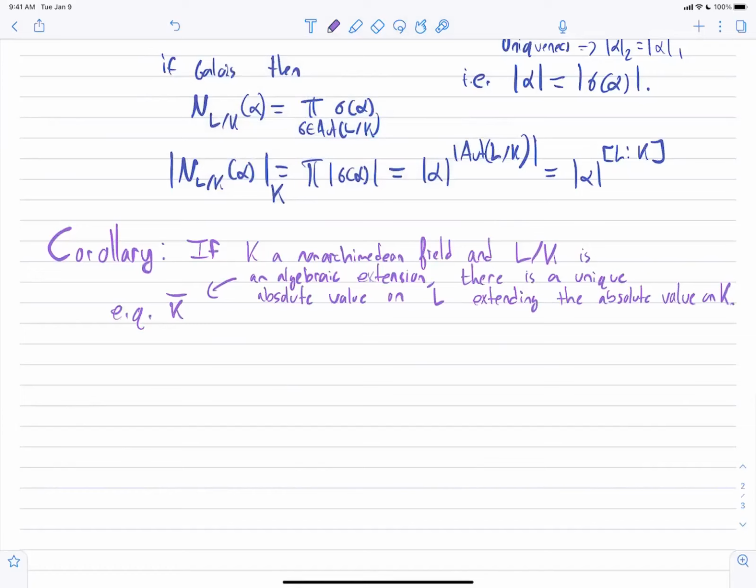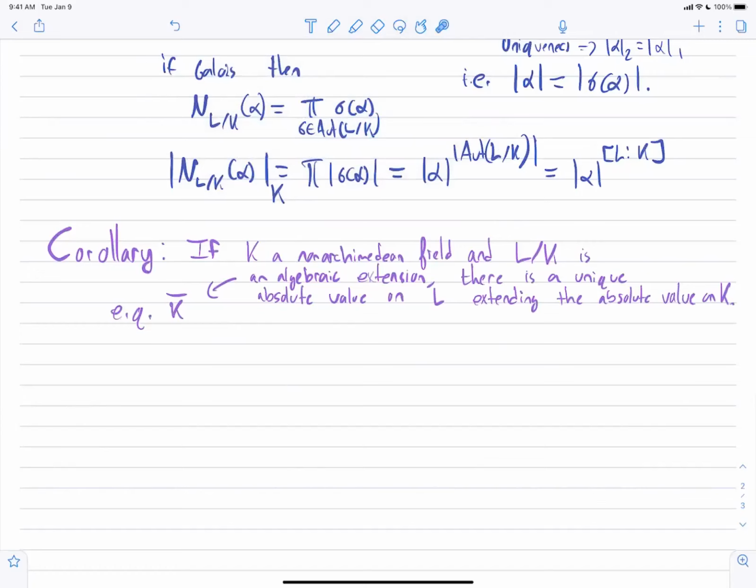Now I haven't said anything else. The reason this is a corollary is that an infinite algebraic extension is just a union of its finite sub-extensions. The previous theorem gives a unique absolute value on each of those. And because of uniqueness, these all agree on intersections, and so they define an absolute value on the entire algebraic extension.